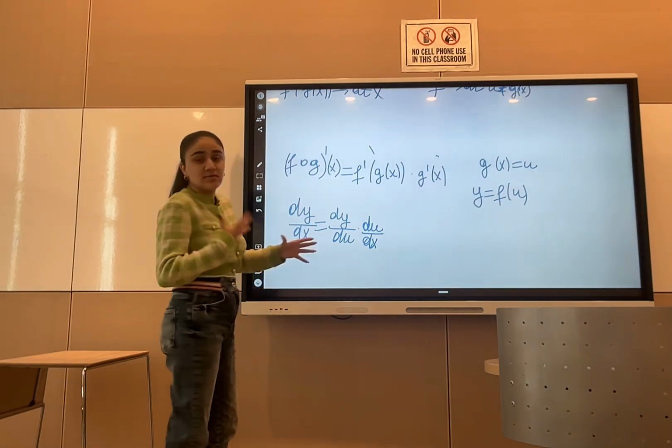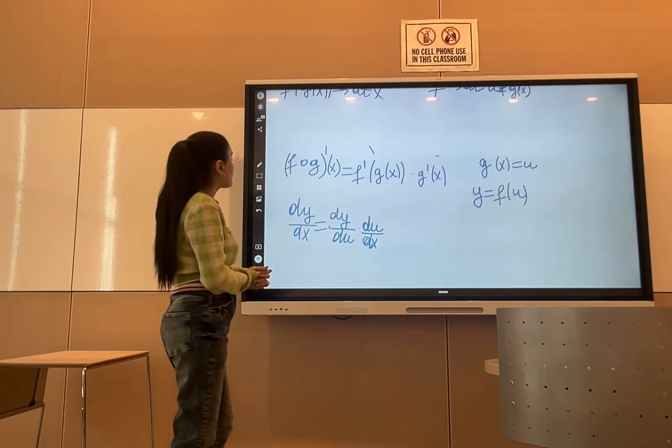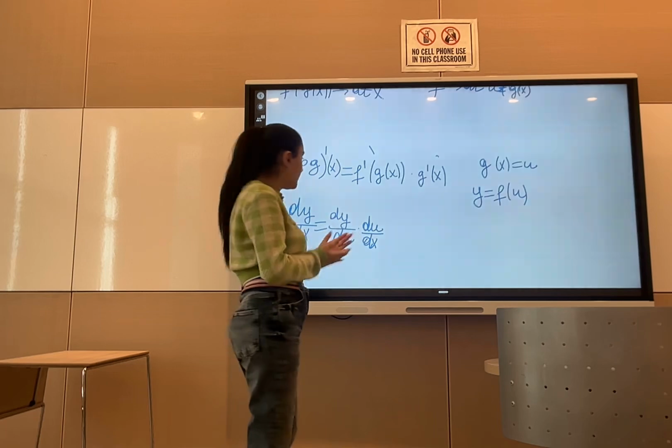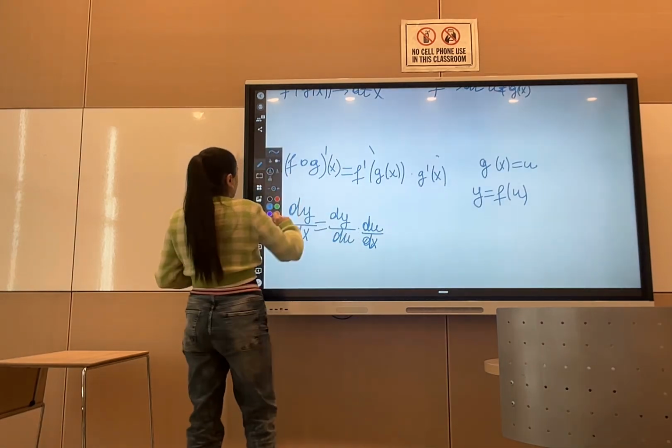How can we find the derivative of a composite function easily? I would like to explain it in one example. Let me write.